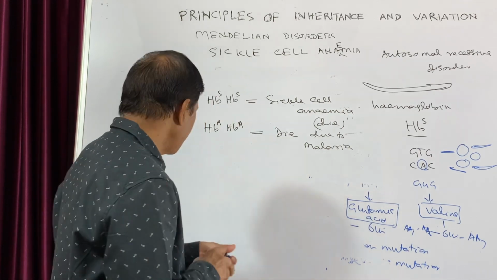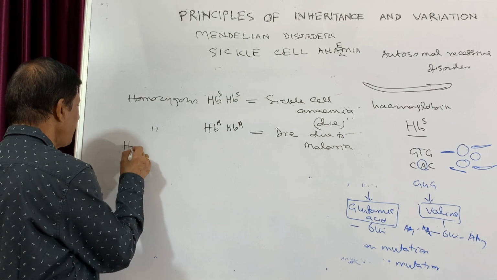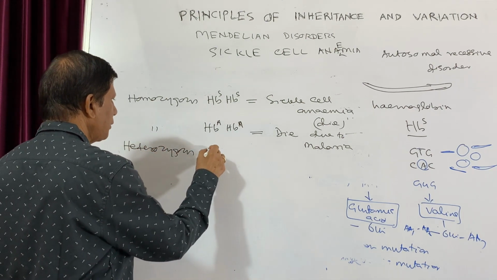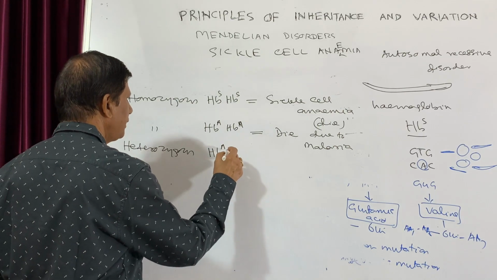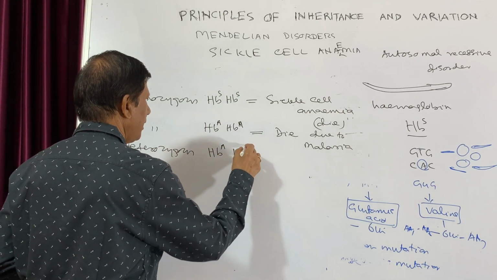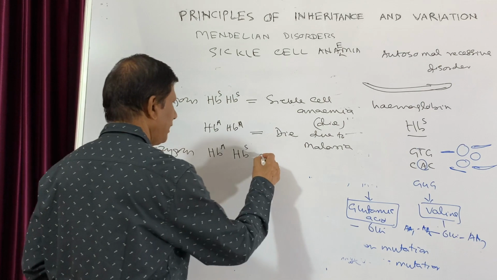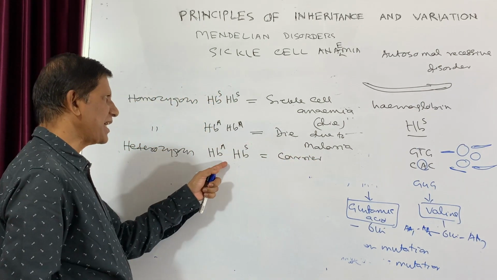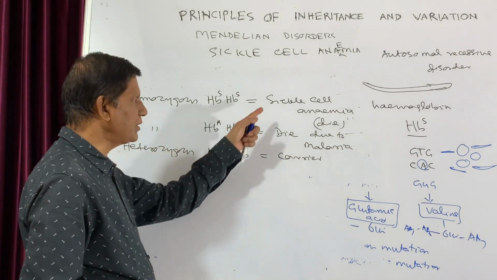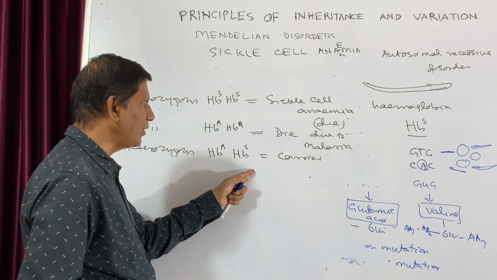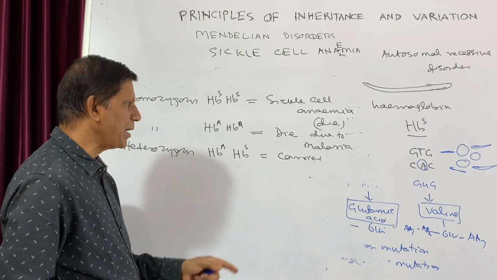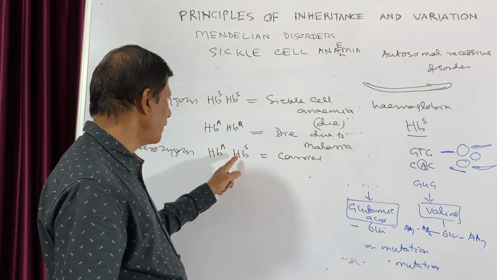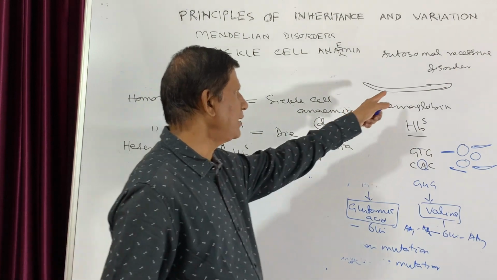But if a person is heterozygous for these two genes, then the person is carrier. That means these carriers will not die due to sickle cell anemia and will not also die due to malaria, because the malaria parasites cannot complete their life cycle within these carriers because of the sickle cell RBC.